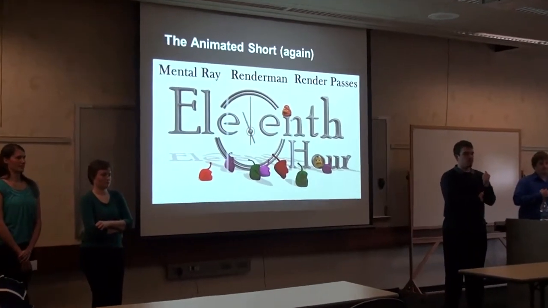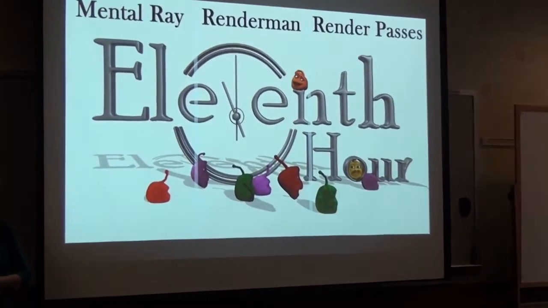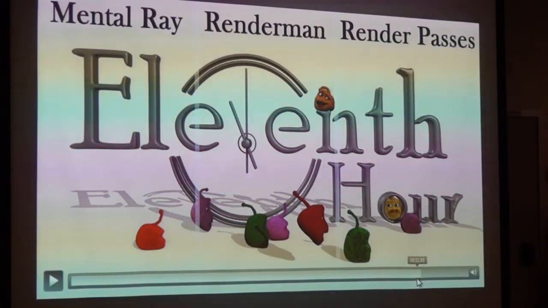Seems to me that in the Mental Ray without passes, it seems to handle the specular highlights a little bit better on the fur than RenderMan does. And it's harder to tell between Mental Ray and the render passes. Could you back up to where you have the green guy on the Mental Ray?